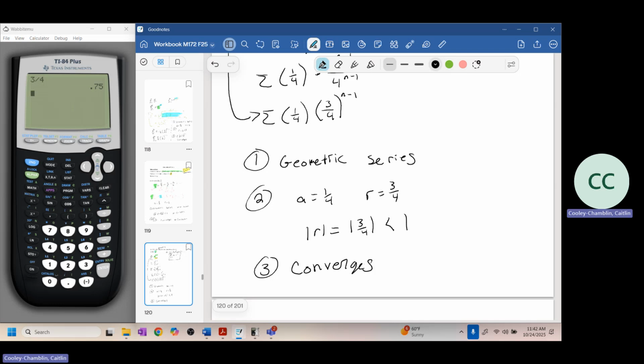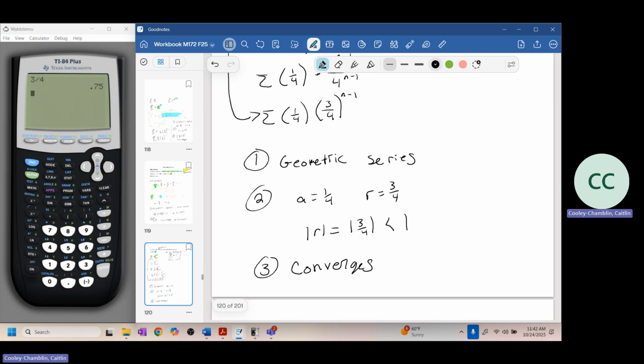If you don't like this bullet point style and you want to write a sentence, you can say, okay, A equals 1/4, R equals 3/4, the absolute value of R is 3/4, which is less than 1.